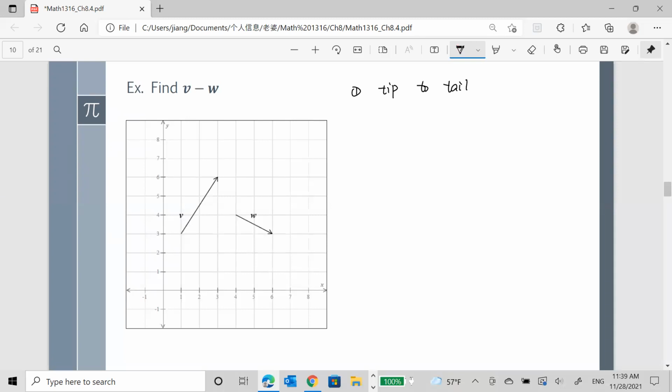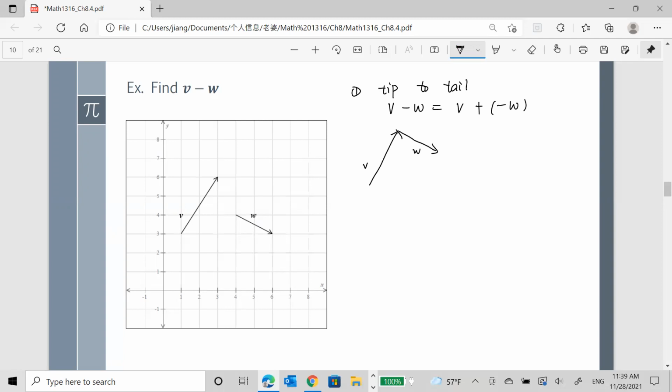We mentioned addition, V plus W, but we know that V minus W equals V plus negative W. That means negative W is the opposite direction of the W. So I can move them together, just change the direction of the W. So keep the V. For example, this is V, and then W.